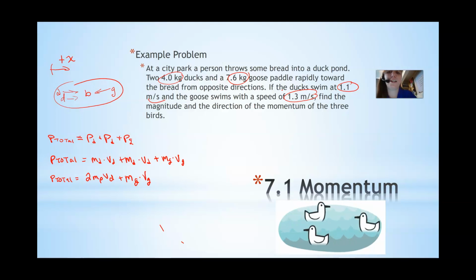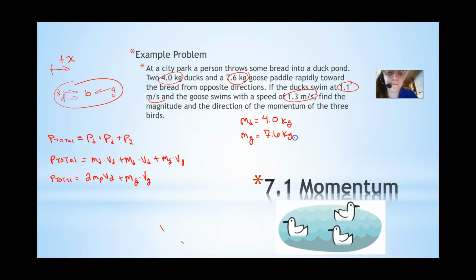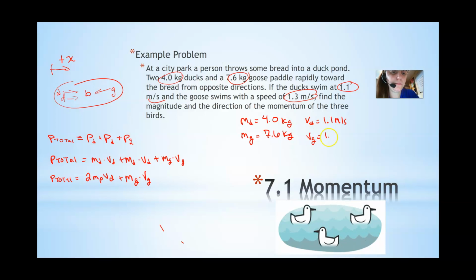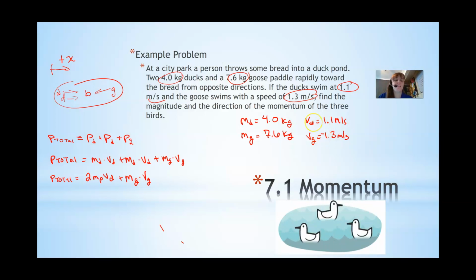Let me organize my information a little better. So I'm following those problem-solving procedures. Notice I put a negative sign in front of the velocity of the goose. Remember, that's because the goose is moving in the opposite direction from the ducks. So we are going to keep that negative sign when we put everything into our equation.